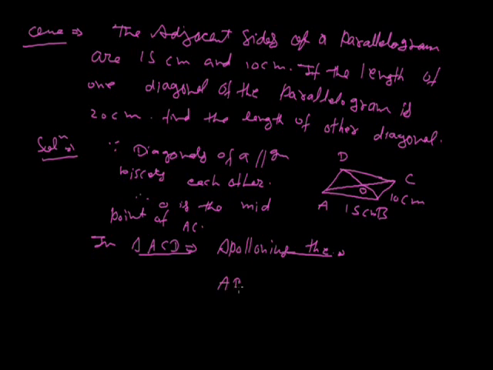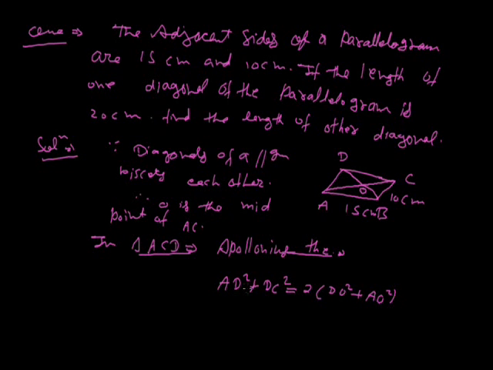It means AD square plus DC square, where AD is the first side and DC is the second side of the triangle, is equal to 2 times the square of the median DO plus half of the third side AC, which is AO, squared. So AD square plus DC square is equal to 2 times DO square plus AO square.